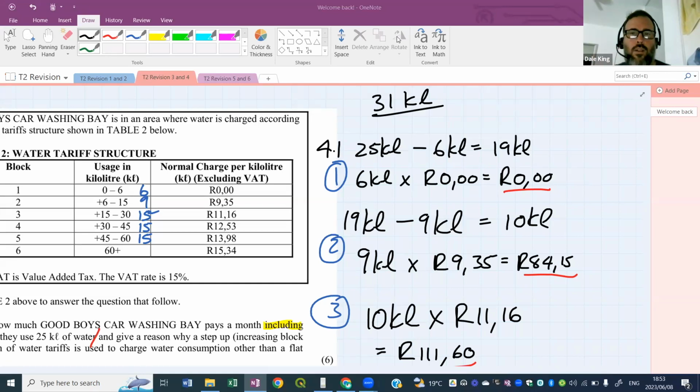But that's 111 Rand 60 needs to be added to what you do in the second block as well. So your calculation is for the third block. That's fine. But you must add that 111 Rand 60 cents to the calculation you do for block 2, because block 2 also needs to be charged. All right, so that's good. Don't forget to charge block 2 as well. Okay.